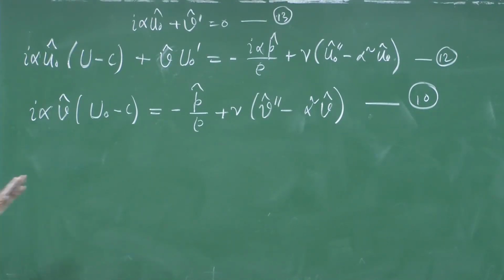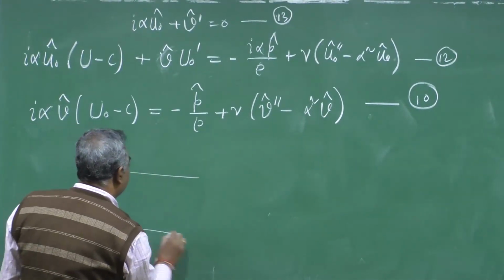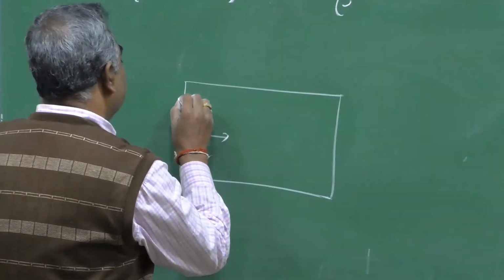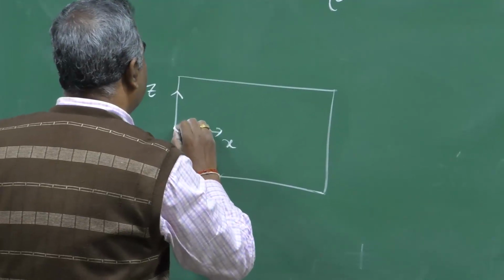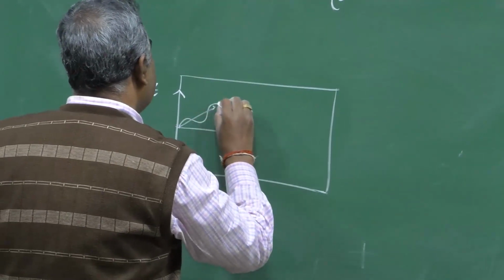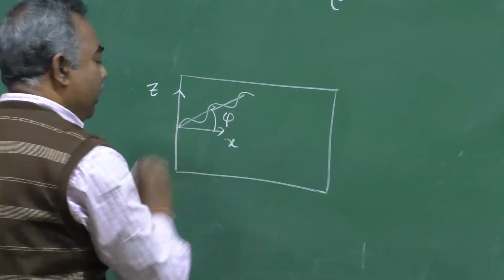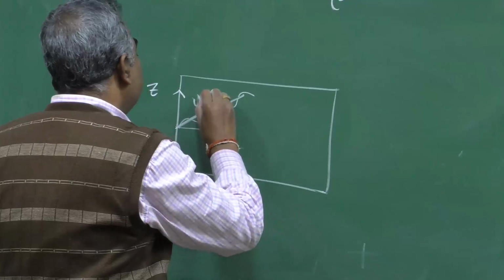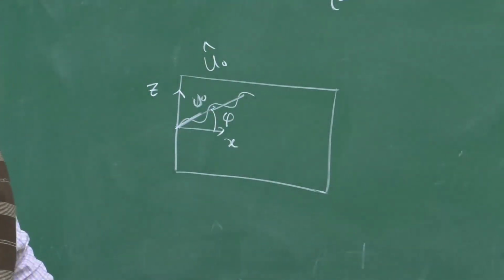the wave vector direction. Okay. So, it is just like your two dimensional disturbance propagating. So, this is our x, this is our z, and this is our x, and we have considered wave is propagating in this direction, and this is our phi, and the u naught is actually in this direction, and that u naught hat is also in this direction.